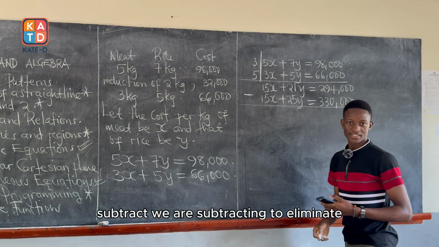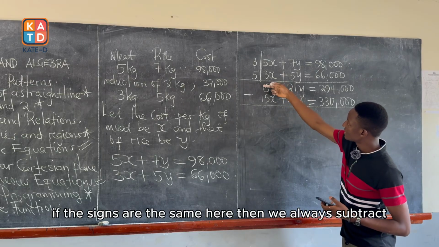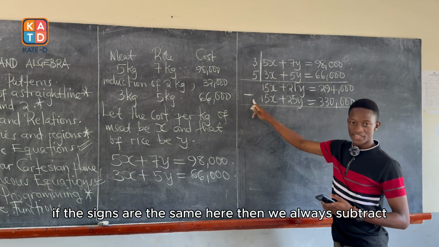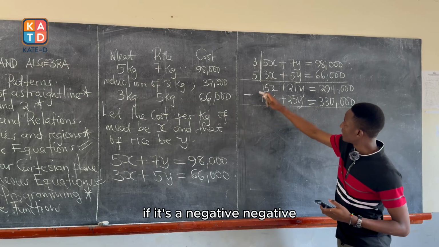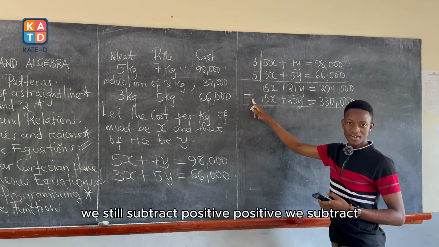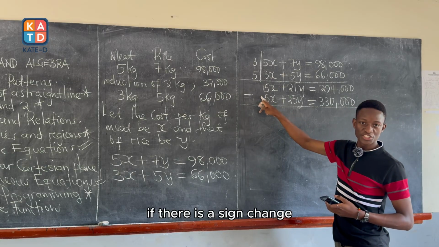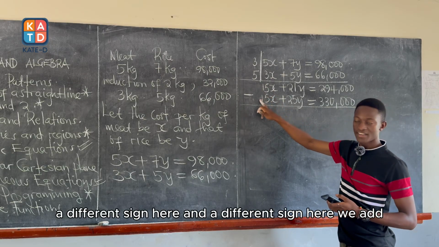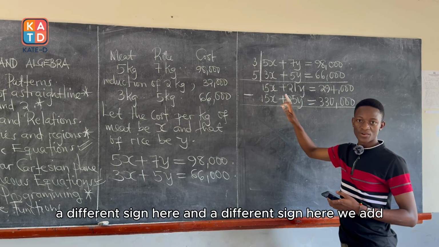So from that, we can subtract. We are subtracting to eliminate. If the signs are the same here, then we always subtract. If it's negative, negative, we still subtract. Positive, positive, we subtract. If there is a sign change, a different sign here and a different sign here, we add.